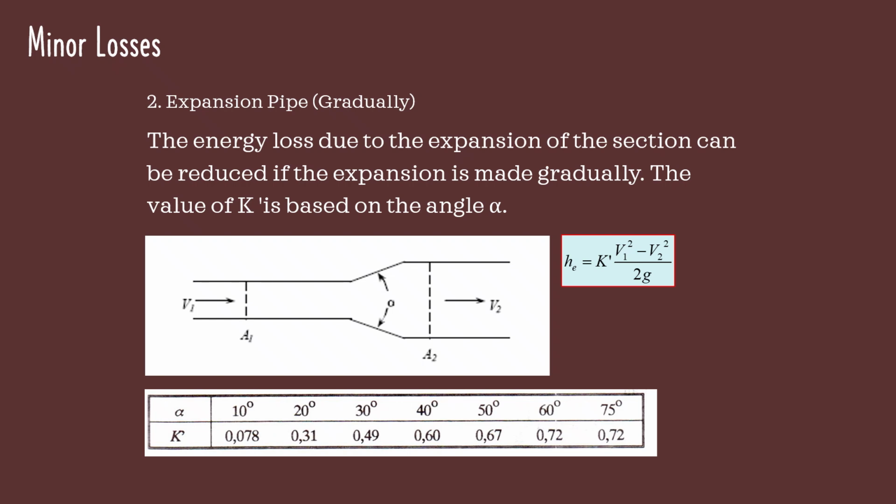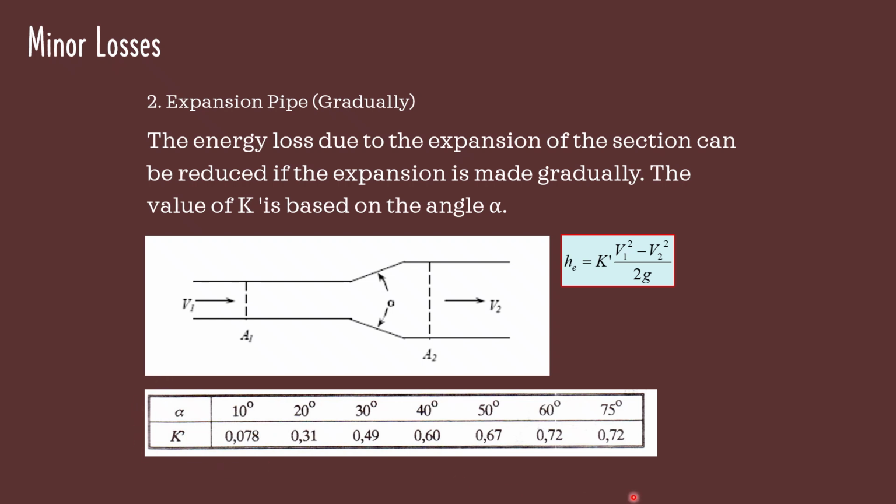Okay. The next cause is also pipe expansion, but gradual. Gradual is determined by alpha. Alpha is the angle of the change of the diameter, to show whether the expansion is gradual or sudden.